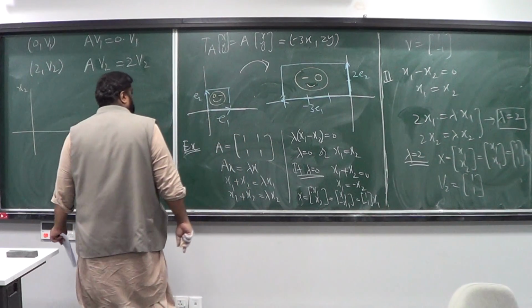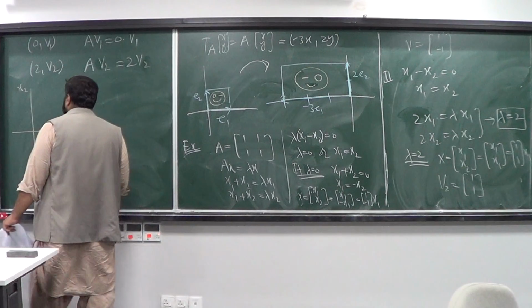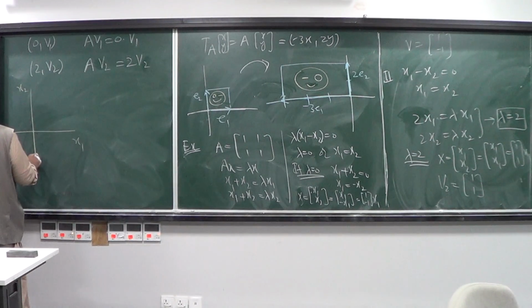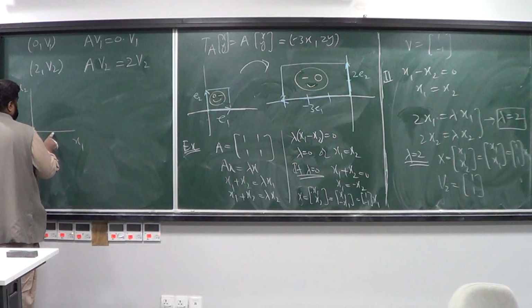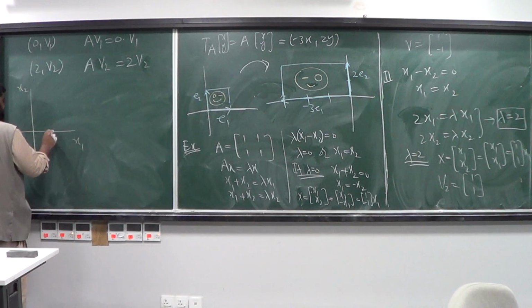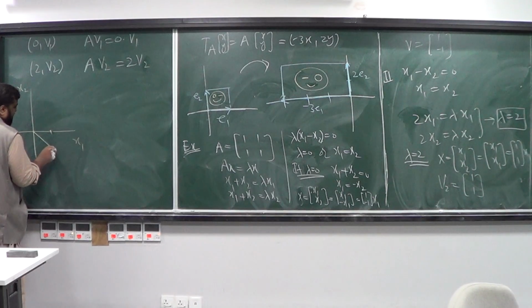If x1 is 1, x2 is minus 1. So this is the vector v1.